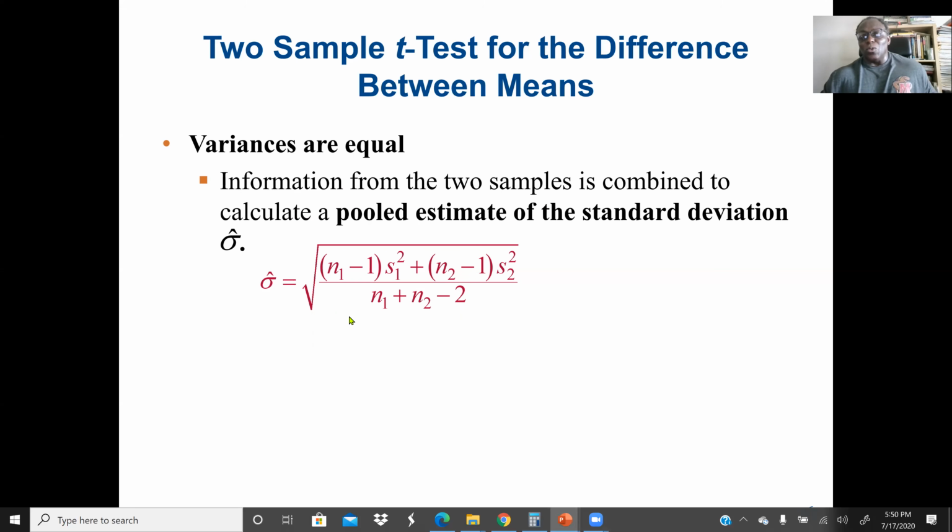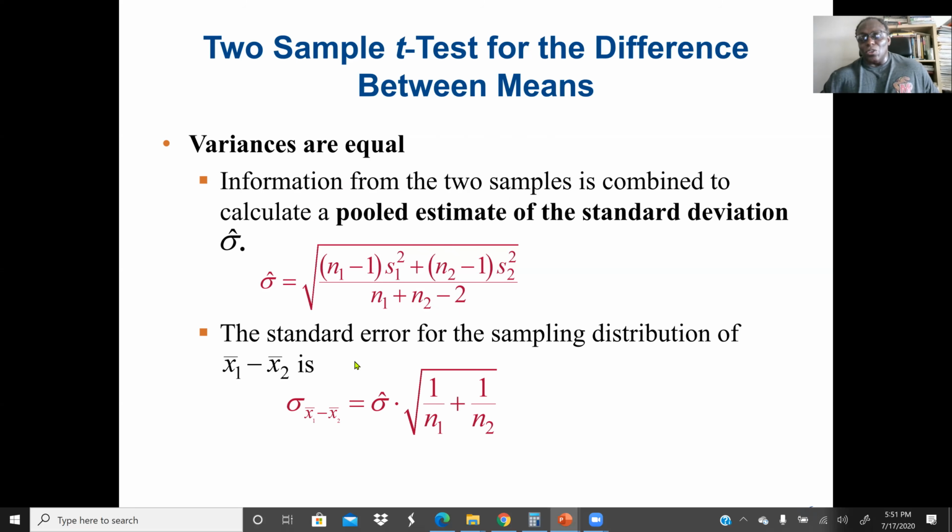This is the formula we use if the variances of the two populations are the same: n1 minus 1 times the variance of the first sample, plus n2 minus 1 times the variance of the second sample, divided by n1 plus n2 minus 2.